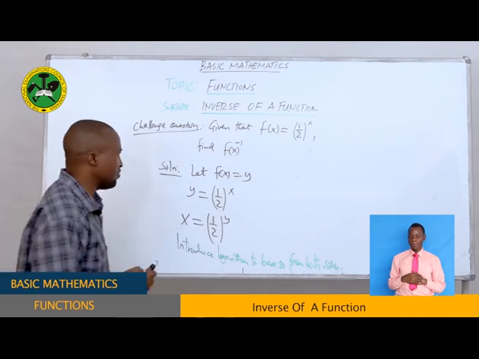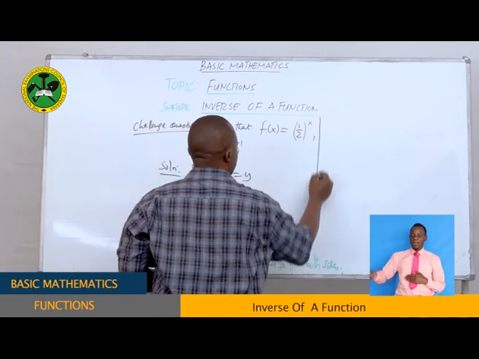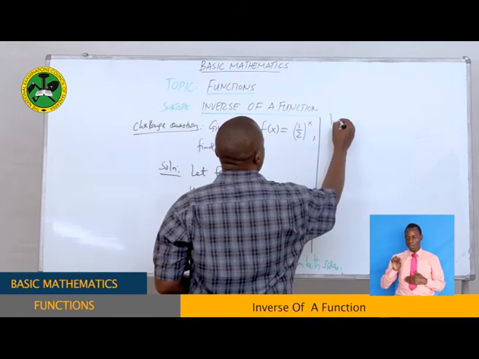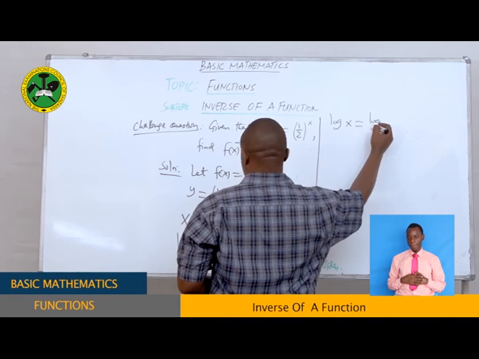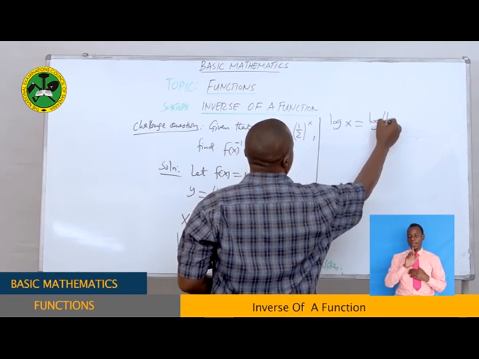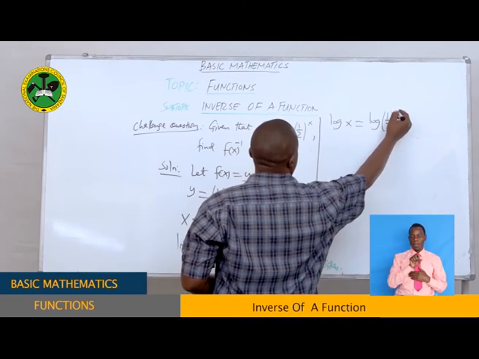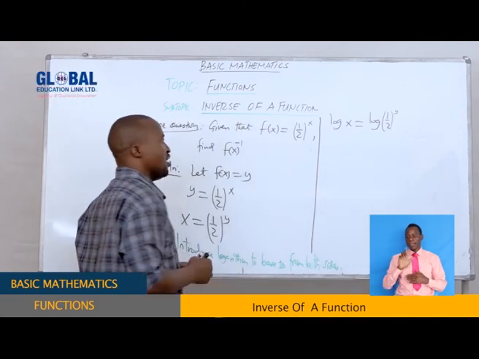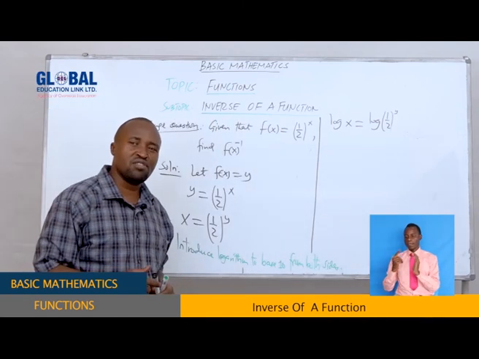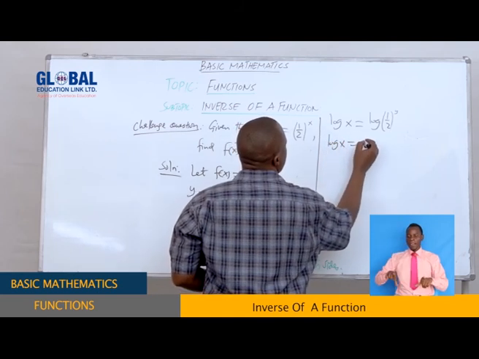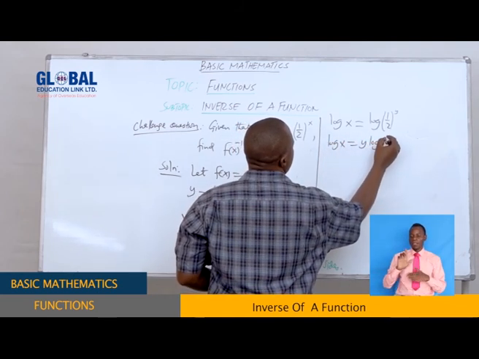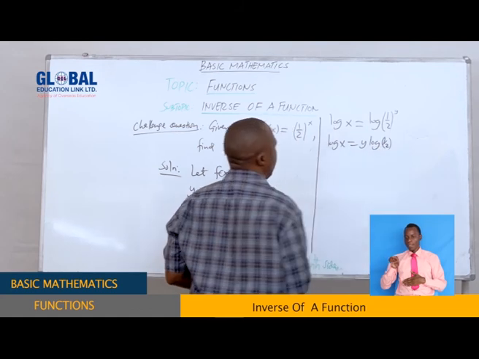So in this case, we have log x is equal to log of a half to the power y. Now, according to the laws of logarithms, log x is equal to y log half.